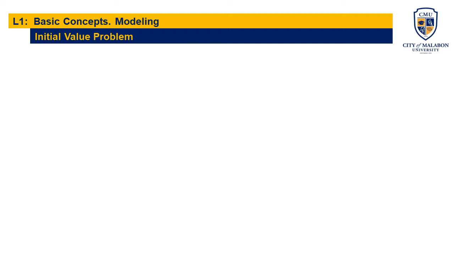In this case, we have a particular initial value that we will use to get a unique solution of a particular differential equation. This unique solution is what we call a particular solution.